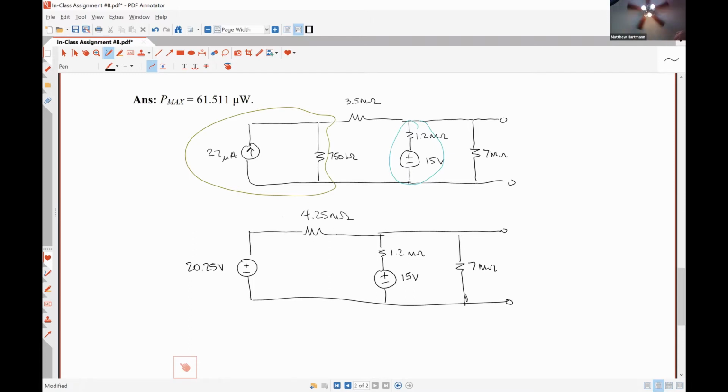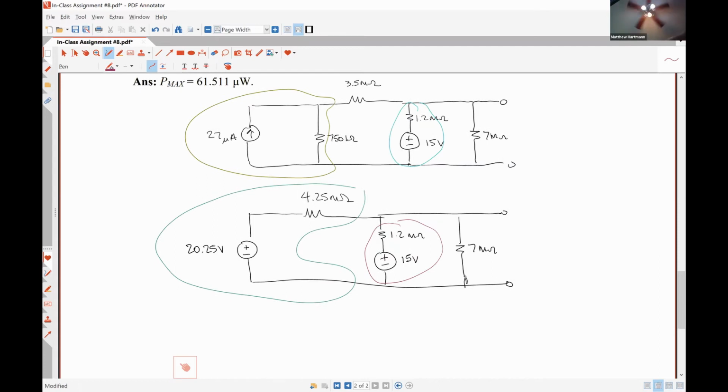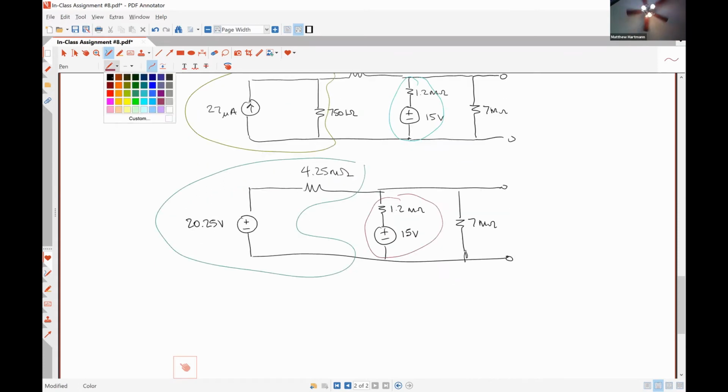I believe your suggestion was then to convert this practical voltage source back into a practical current source. And I believe you also said that you converted this practical voltage source into a practical current source as well. So let's take care of both of those steps.